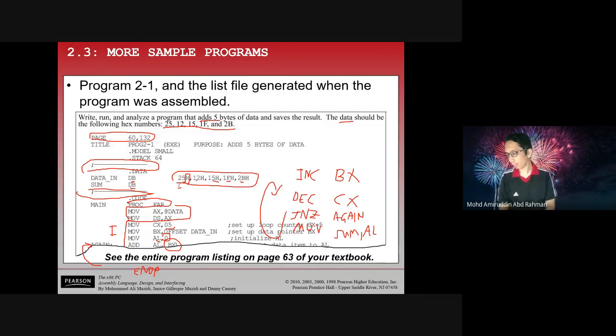And then as usual, this is repeated again and again until cx is 0, and then we do the move of this al into the sum. So now the sum contains the value of what has been added.